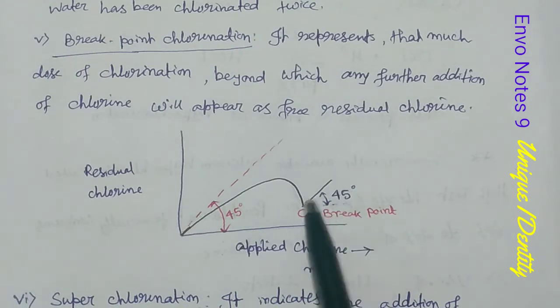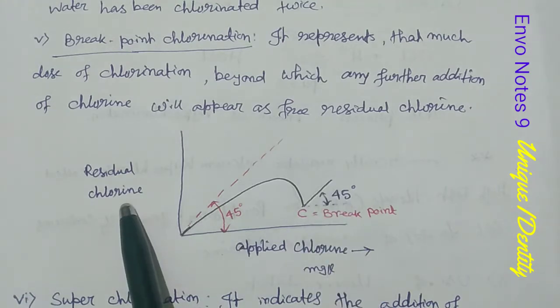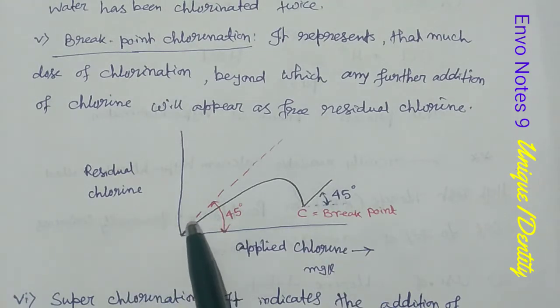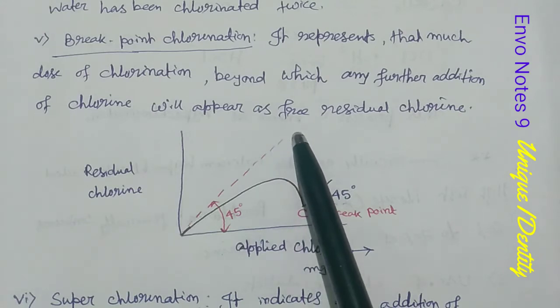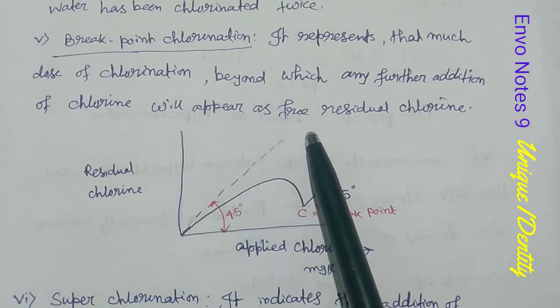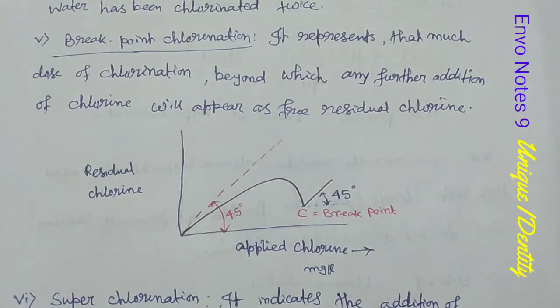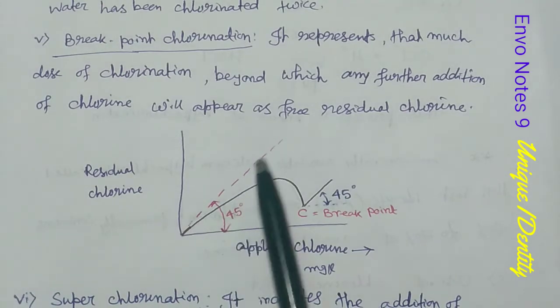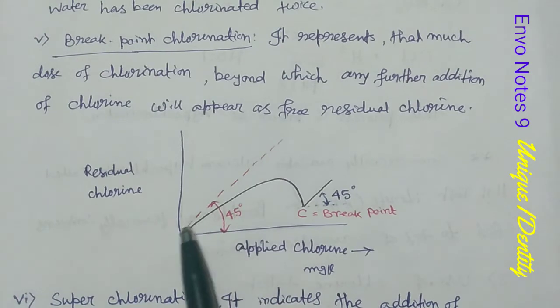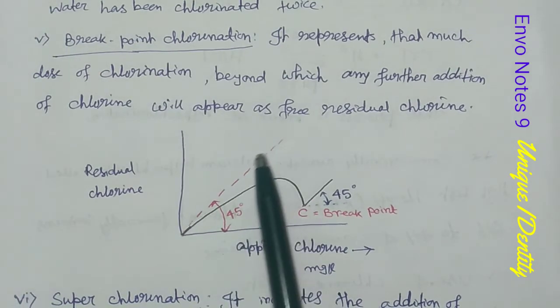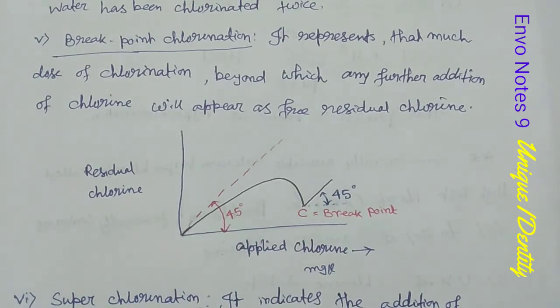That means it is the same as the free residual chlorine. And this red dotted line is the imaginary line which would appear when there is no chlorine consumption, that means pure water. Here C is the breakpoint line.